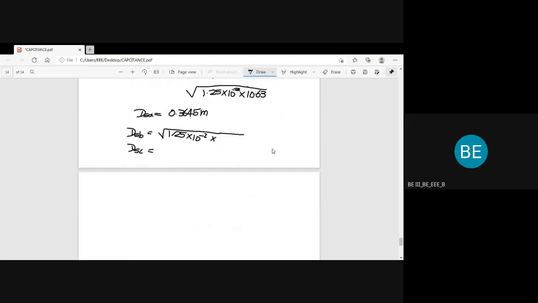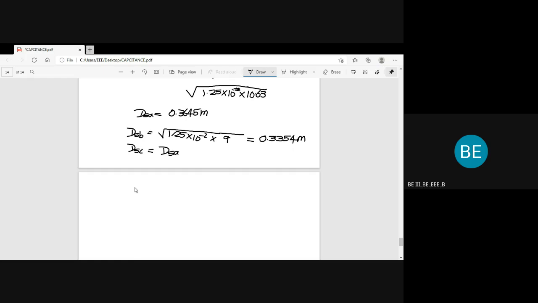So the square root of 1.25 into 10 power minus 2 into 9 gives 0.3354. DsC and DsA will be the same.